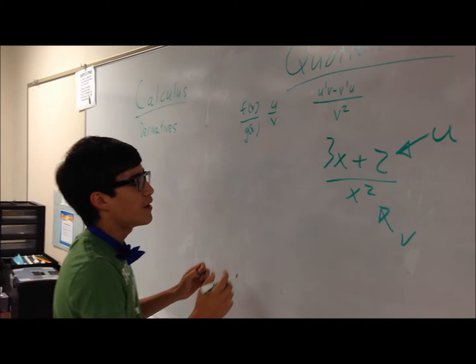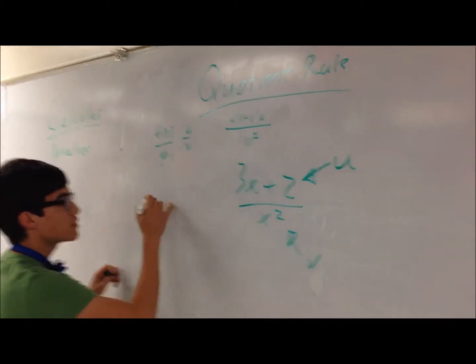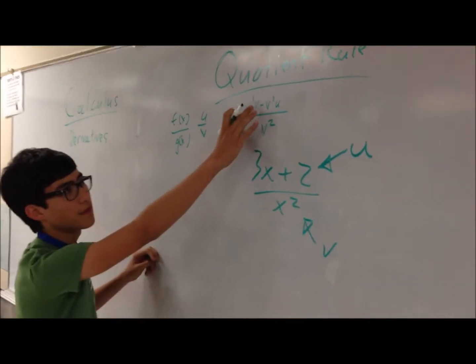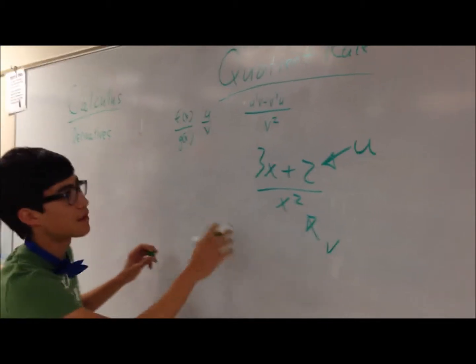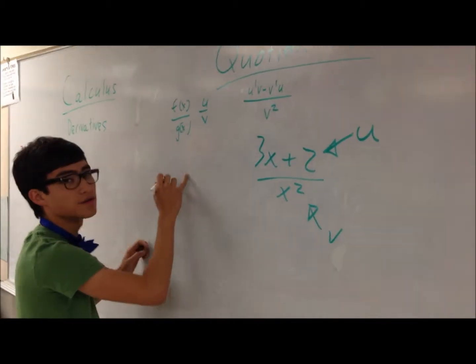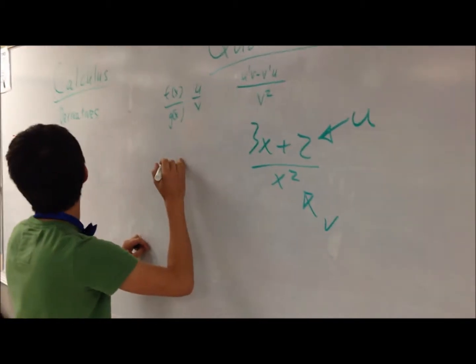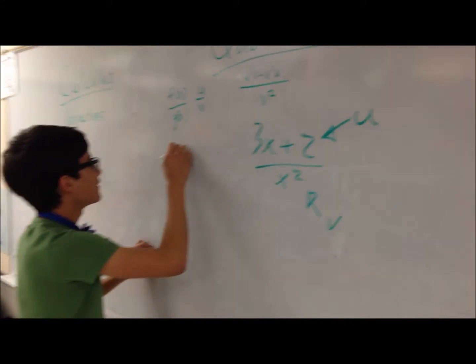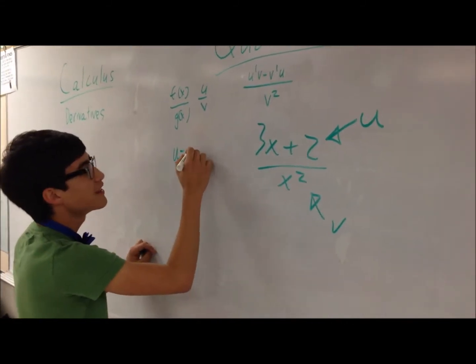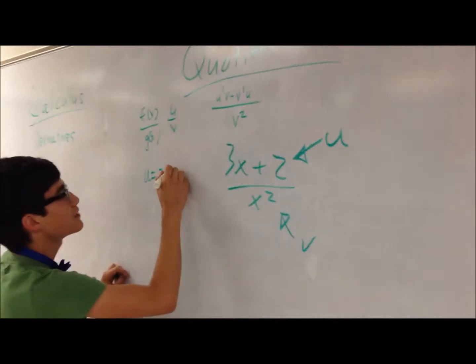So we are going to distinguish the u prime and the v prime. We're going to draw our little table, and that will be u equals 3x plus 2.